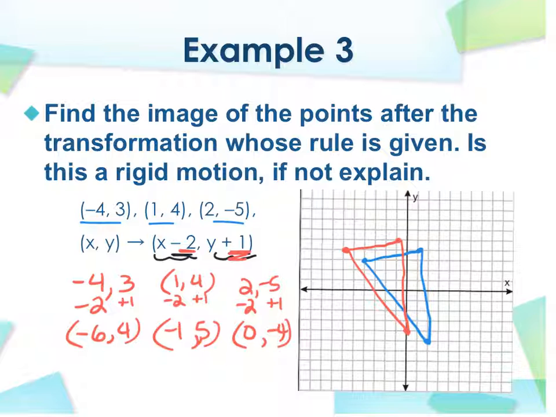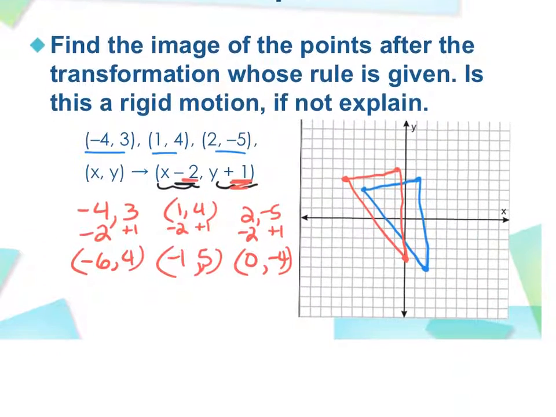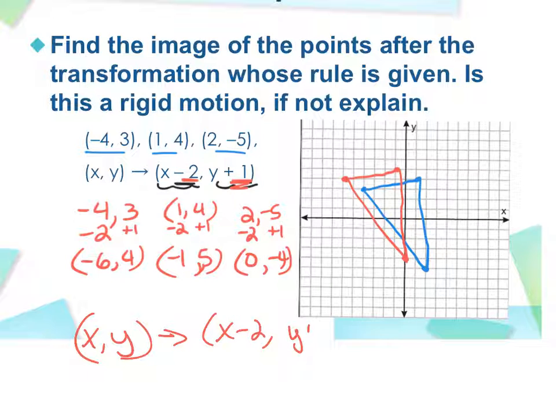notice that the 2 triangles are exactly the same size and shape. However, what happened, it was a translation. I slid it 2 units to the left and 1 unit up. So whenever they give you a rule like this, x, y, and then an arrow, and then if they show that you're going to be adding or subtracting something to the coordinates, this is always going to be a translation.